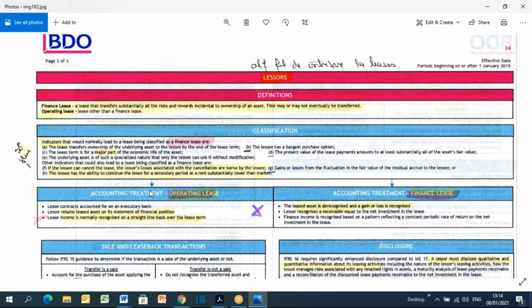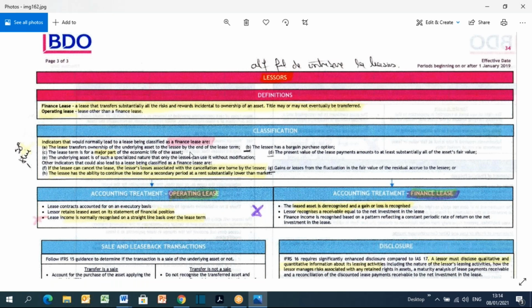So always remember, as an indicator that the lease is a finance lease, that the lease transfers ownership of the asset to the lessee by the end of the lease term. So at the end of the lease, the lessee can buy the asset, and the lessee has a bargain purchase option, or the lease term is for a major part of the economic life of the asset.